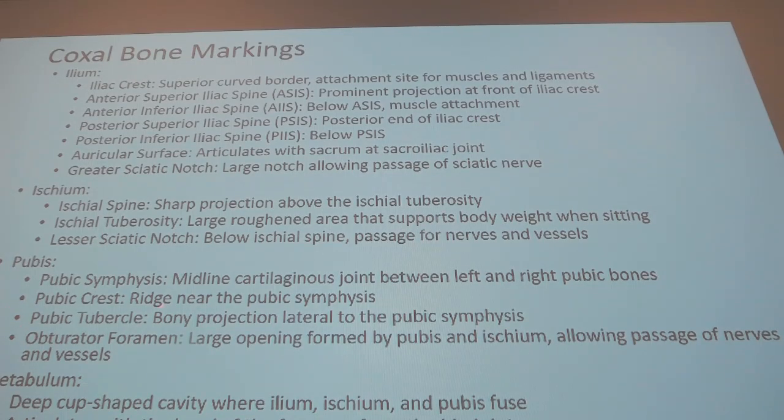Now for the pubis. The area in the mid part of the pubic bone anteriorly, where you have this fibrocartilage, is the pubic symphysis. And below this pubic symphysis, there is an arch used to measure the distance between the right and the left pubic bones. This is called the pubic angle.